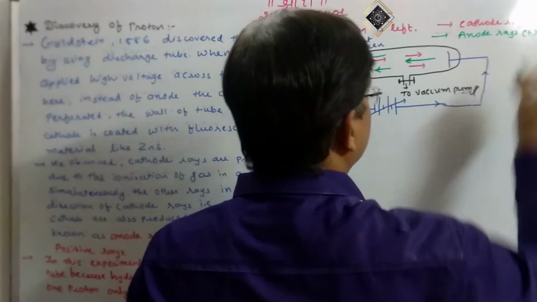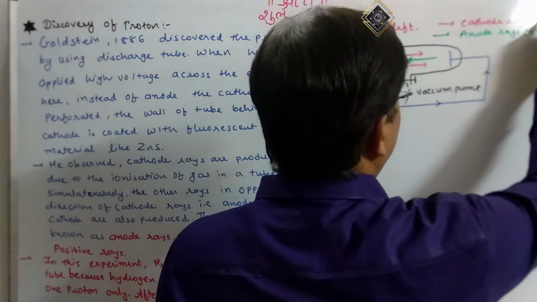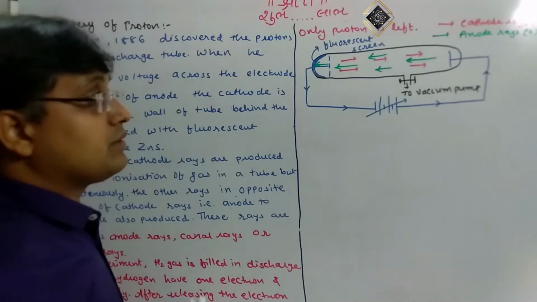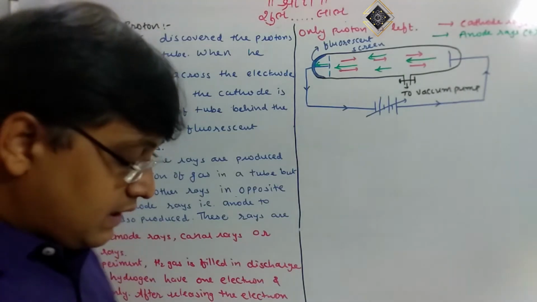The anode ray has a positive charge and the cathode ray has a negative charge. This way. Clear?